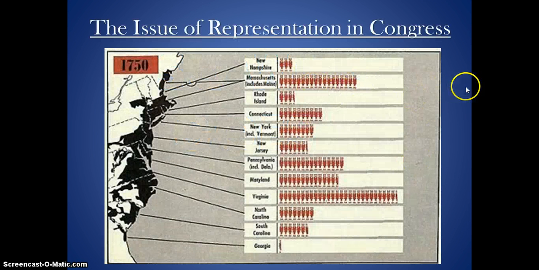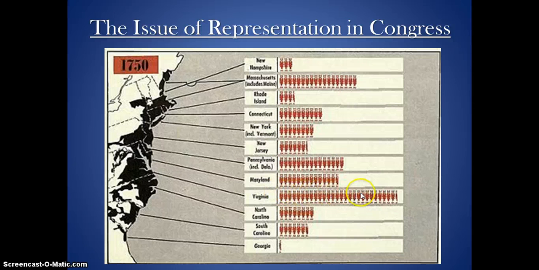So representation in Congress, again, this is very, very important. Obviously, not everybody in the United States can go to Congress. It's not big enough. So we elect representatives. These symbols here represent population in each of the states. So, what do you think?